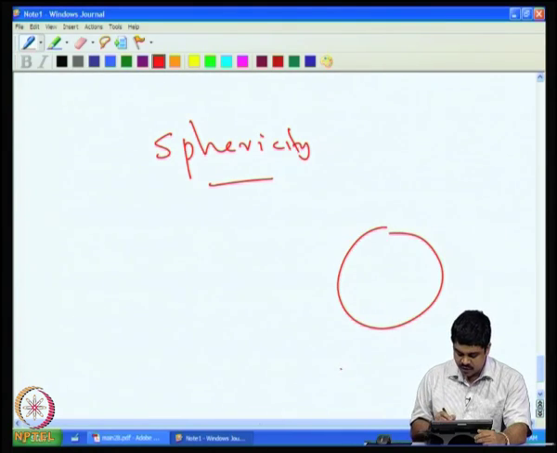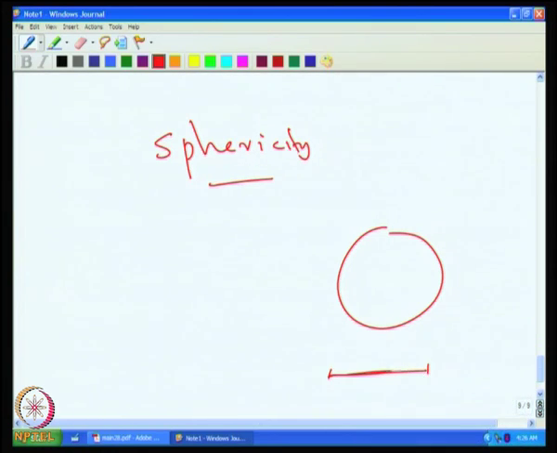Again, coming back to 1 dimension, it will all become intervals. The cubes will become unit intervals, and spheres also become intervals. But in the case of spheres, we have 2 options. One is we can allow spheres of the same radius only, or we can allow spheres of different radii, and sphericity is used for the corresponding dimension when we allow only spheres of unit radius.